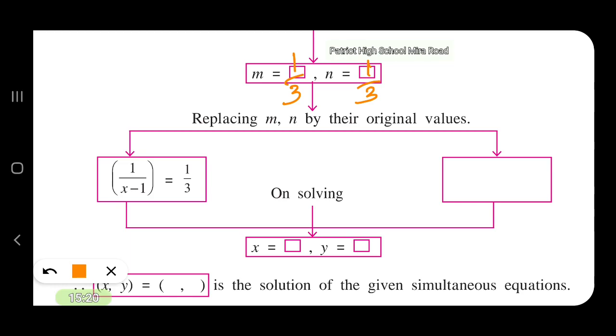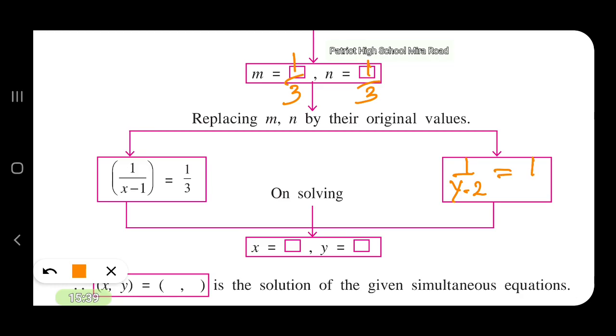And 1 upon y minus 2, we had taken as n. So we will substitute n back to its original value. So 1 upon y minus 2 is equal to 1 upon 3.